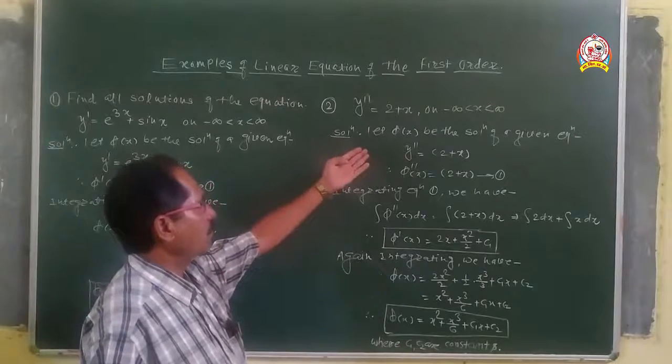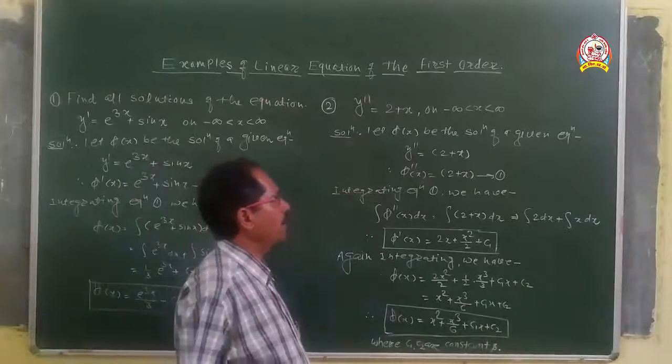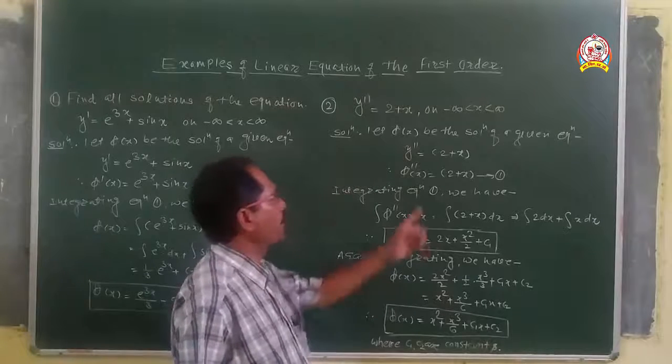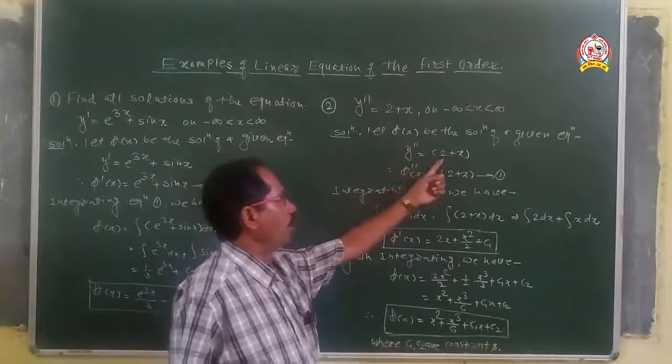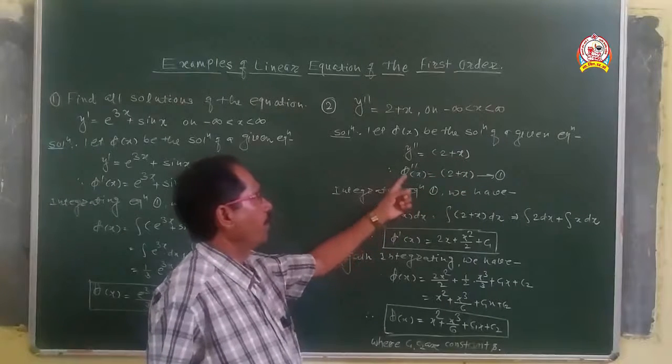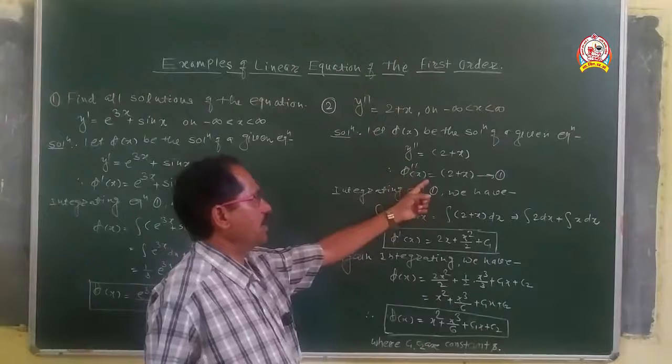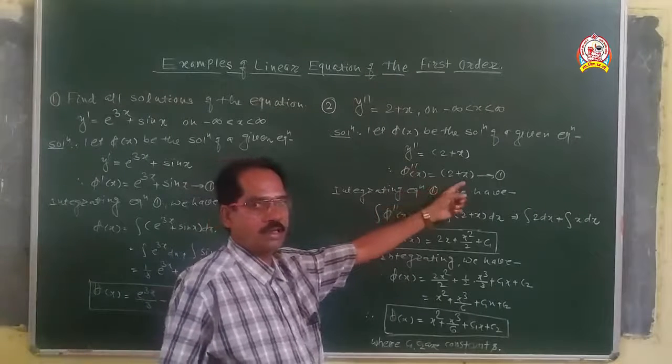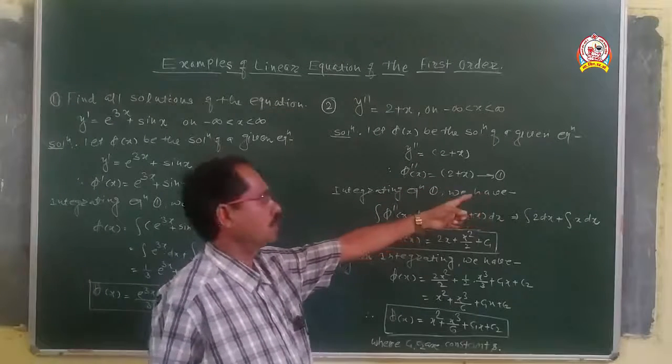Solution. Let phi of x be the solution of the given differential equation y'' = 2 + x. Therefore, phi''(x) = 2 + x. Call this equation 1.